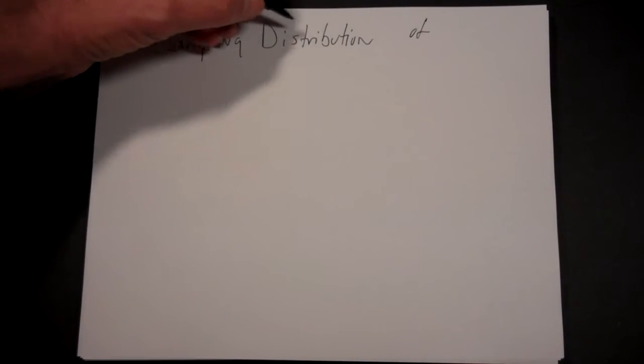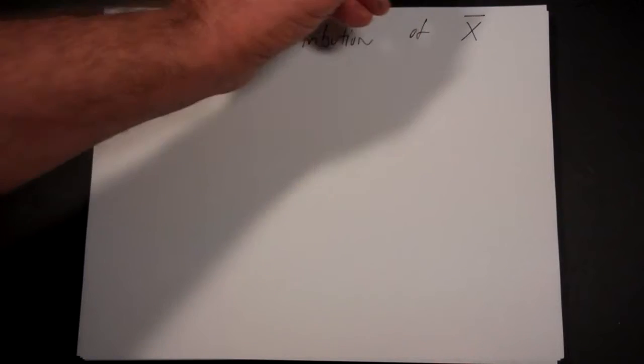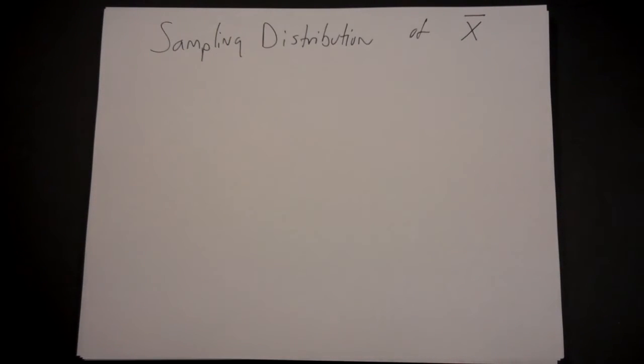The key to the second problem is what's called the sampling distribution of an estimator, in this case of the sample mean that we're going to call x bar. The key here is that x bar is both a number for a single sample, but you could imagine taking lots and lots of different samples.